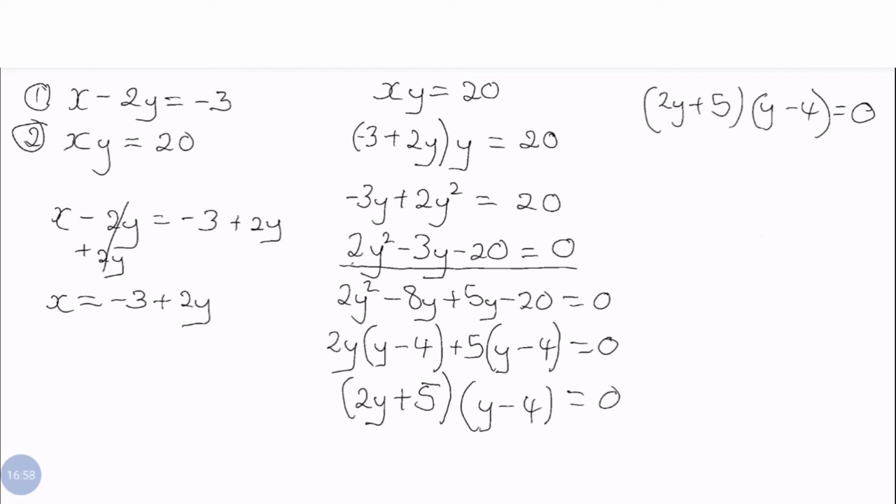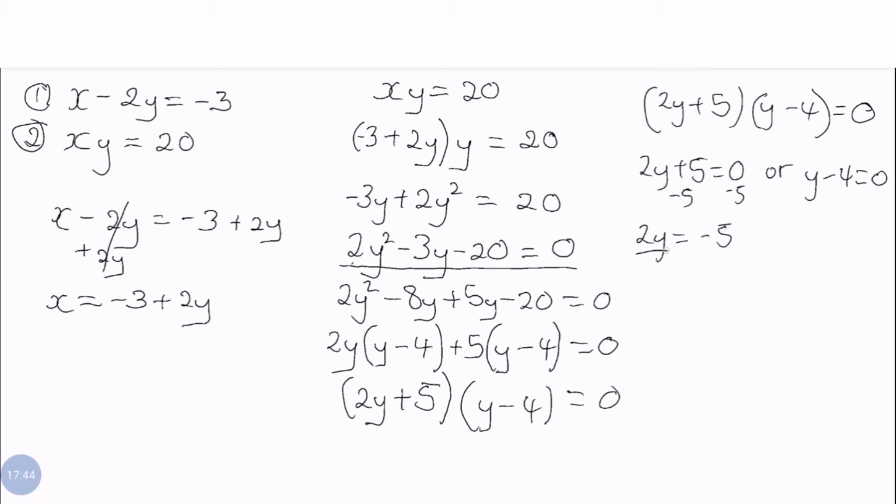So the next thing we will do, since we want to find the values of y, we'll write 2y plus 5 is equal to 0, or y minus 4 is equal to 0. Here we have to take the 5 to the other side, which is the right hand side. How do we do that? We subtract 5 and subtract 5 here as well, such that we will have 2y is equal to negative 5.